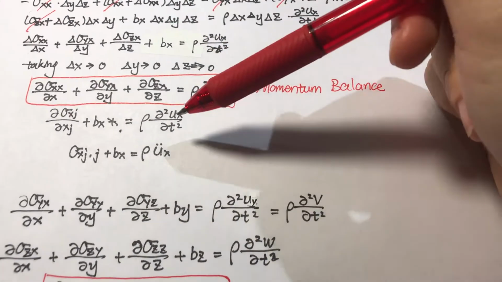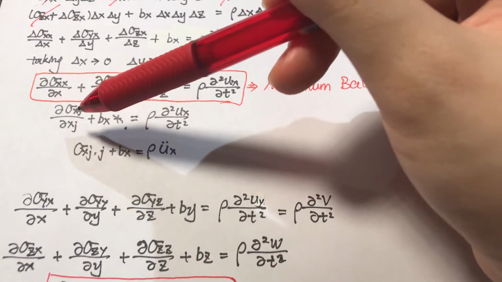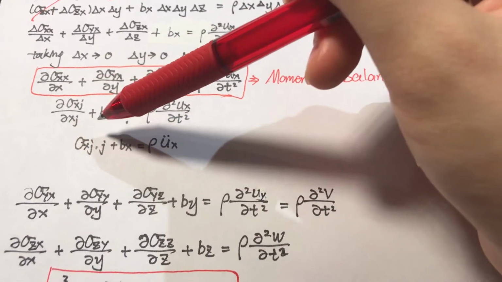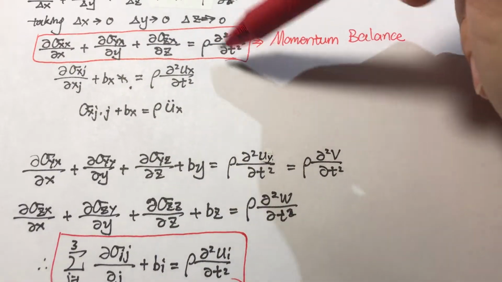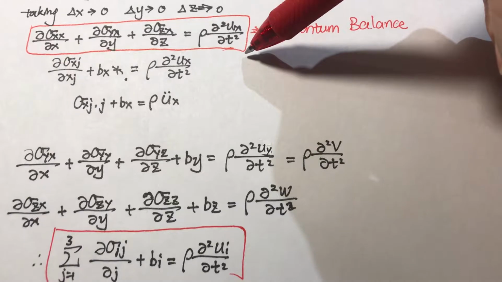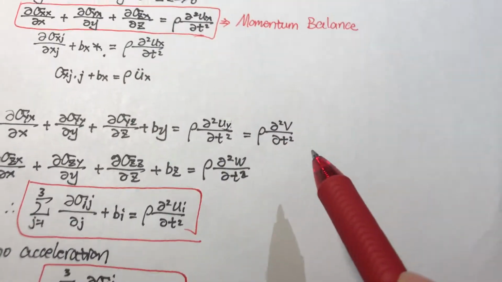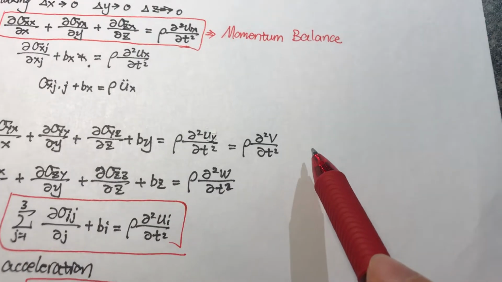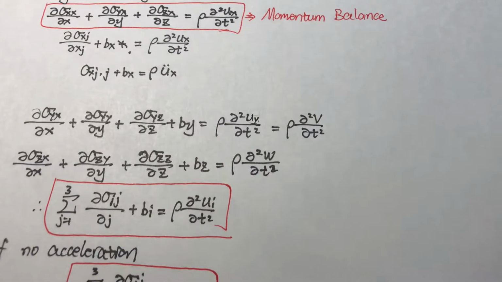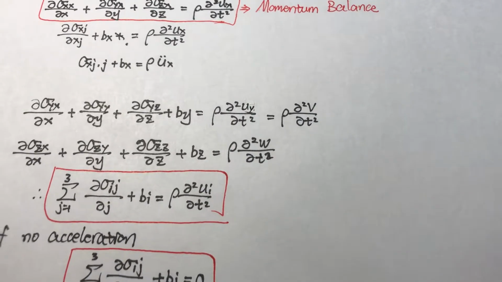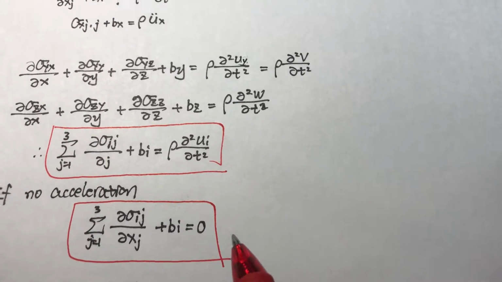We can write it in the general form as delta sigma xj over delta xj plus bx is equal to rho d squared ux over dt squared. And this is the momentum balance equation for the stress along the x-axis, this one is for the stress along the y-axis, and this is for the stress along the z-axis.